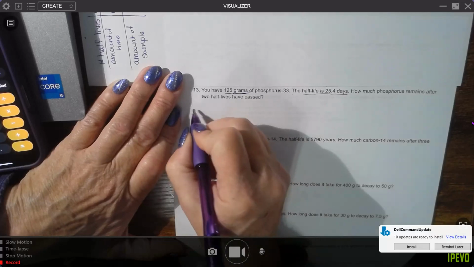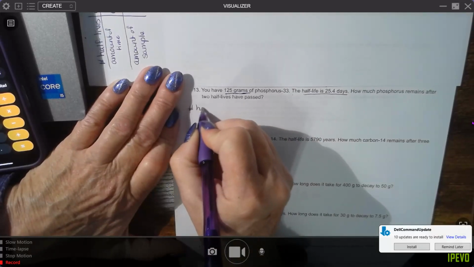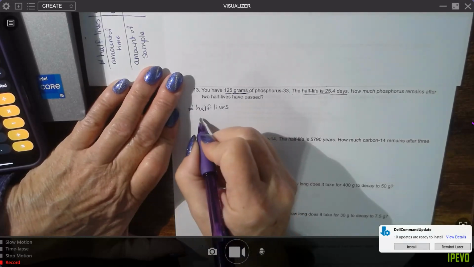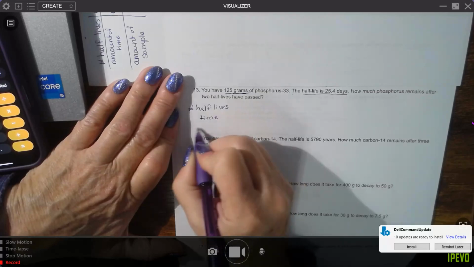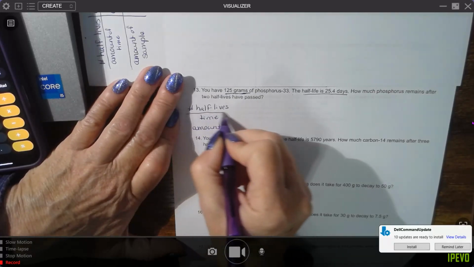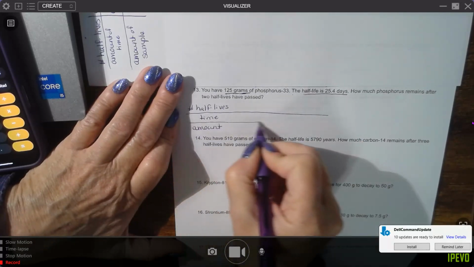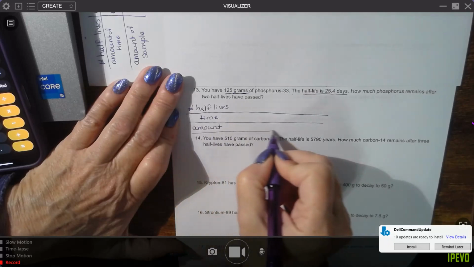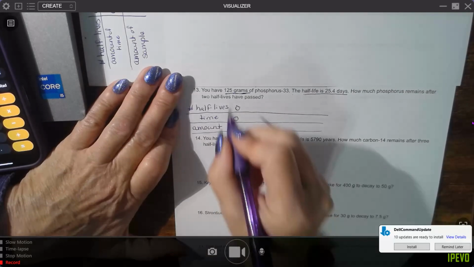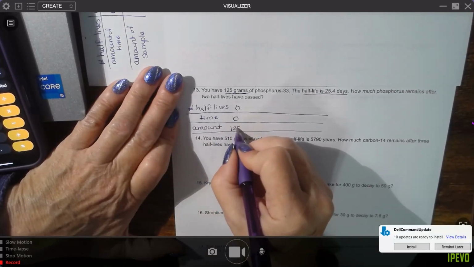So I'm going to set this up. Number of half-lives, time, and amount of material. So at time 0, what does it say? We have 125 grams.